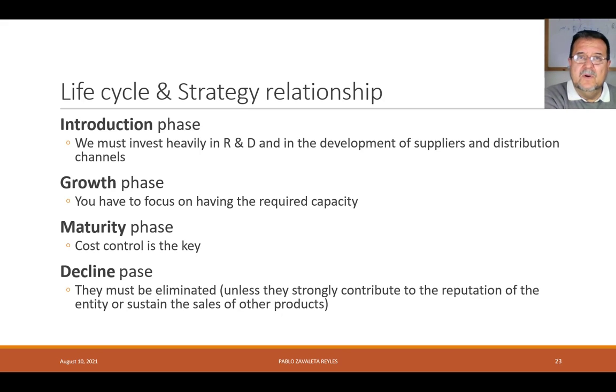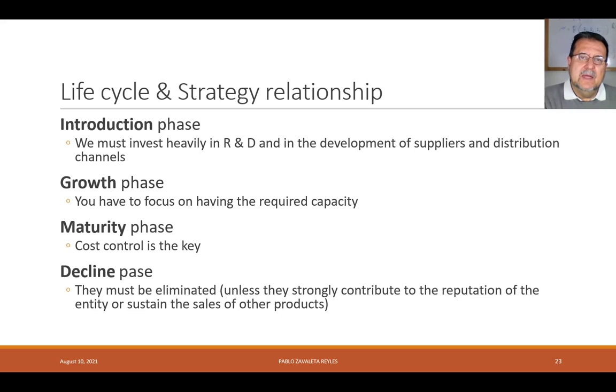The same goes for Kleenex, for a lot of other products that by now should have been phased out, but the companies cannot do it because their image is so intertwined with the product that they cannot eliminate it.